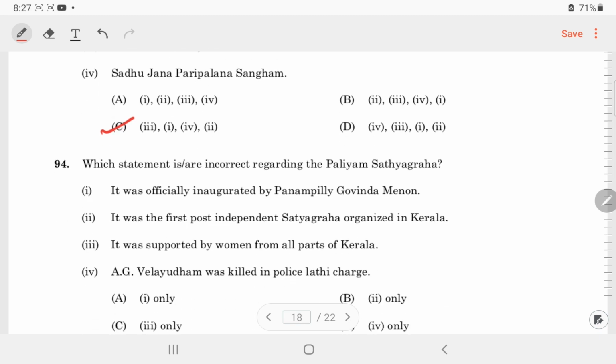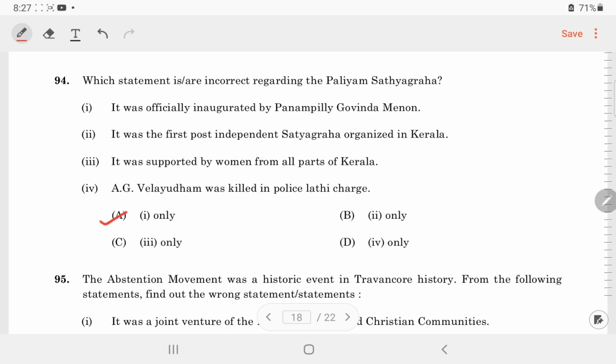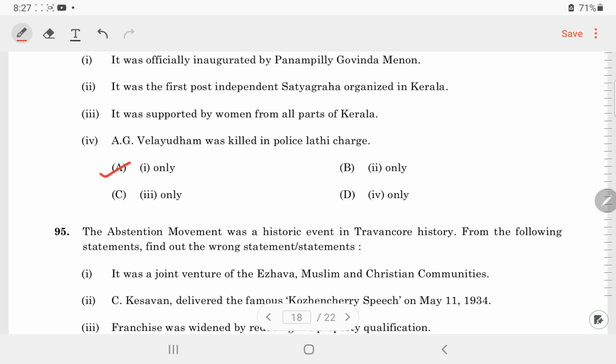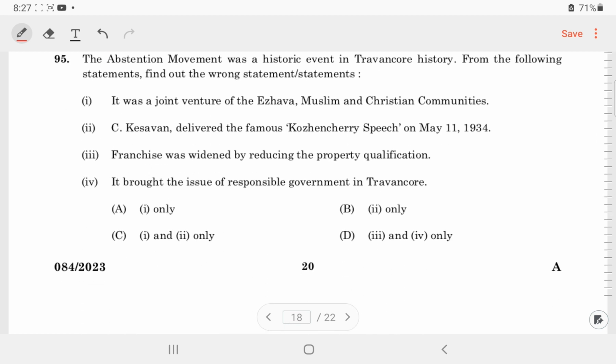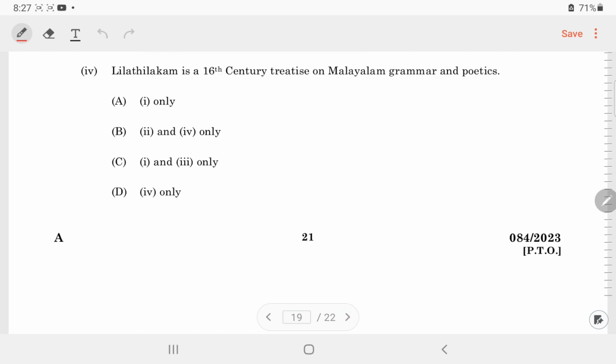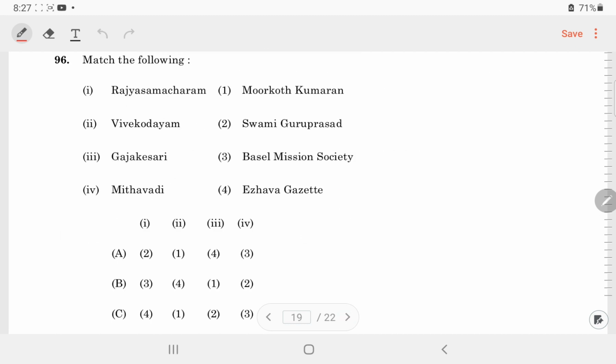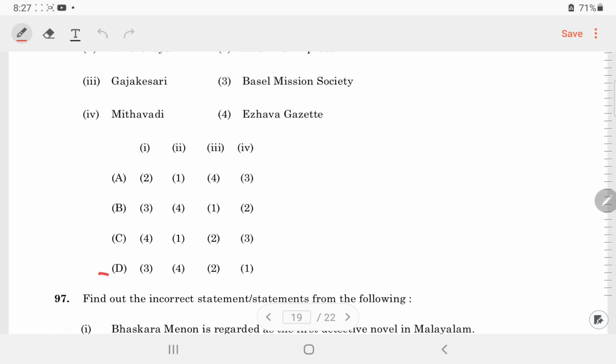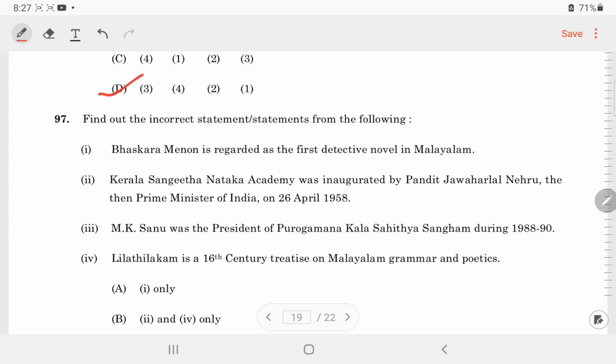Question number 94. The answer is option A. Question number 95. The answer is option B. Question number 96. The answer is option D. Question number 97.